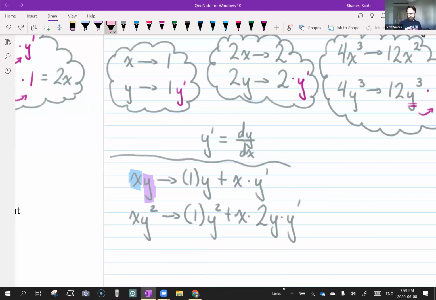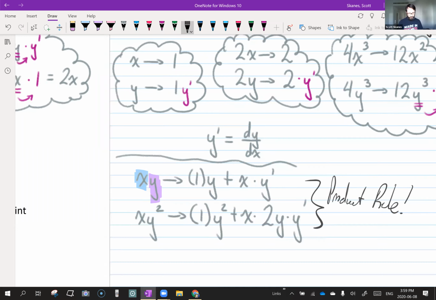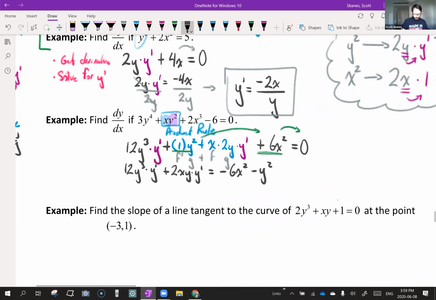Is that more clear? They're both the product rule. If you need me to go back to that, I will.